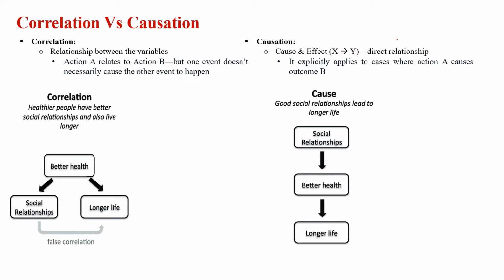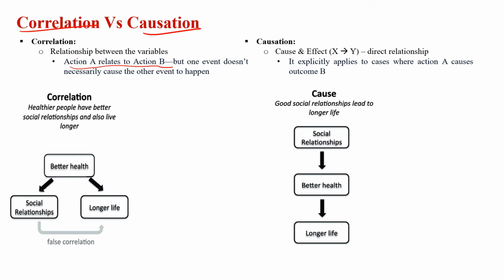But before discussing what kinds of correlation techniques we have, let's discuss, because most of the time we confuse the causation concept with correlation. When we say we are interested in finding the correlation between variables, that means we want to check whether the two variables are related to each other or not.